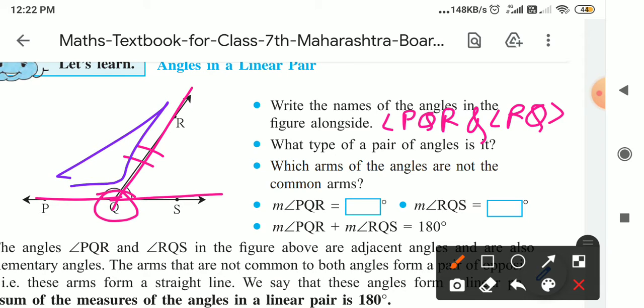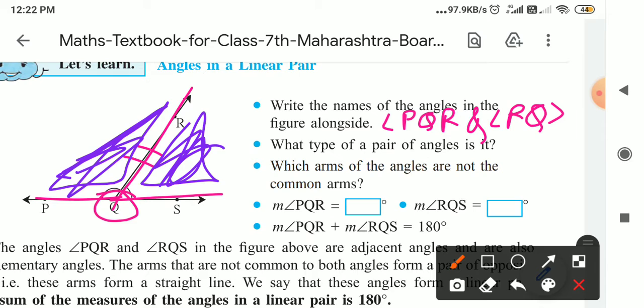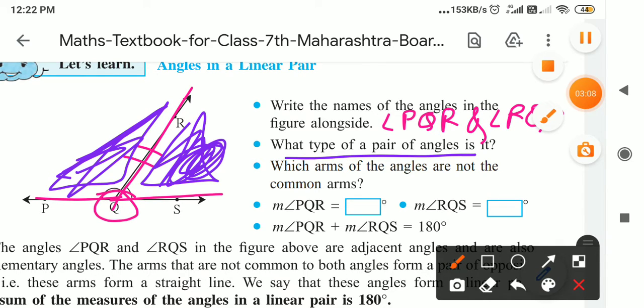PQR's interior portion is on this side and RQS's interior portion is on this side. That's why the properties of these angles show similarity with adjacent angles. So which type of pair of angles are these? These are adjacent angles.